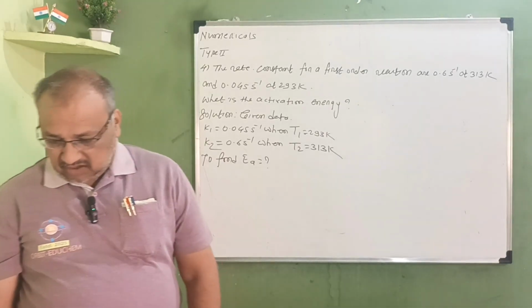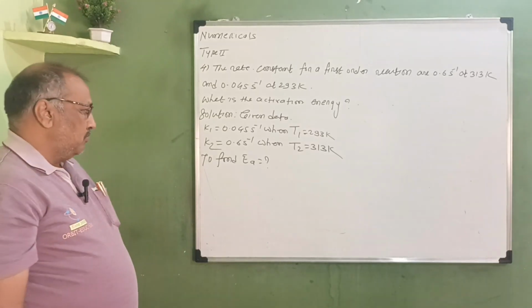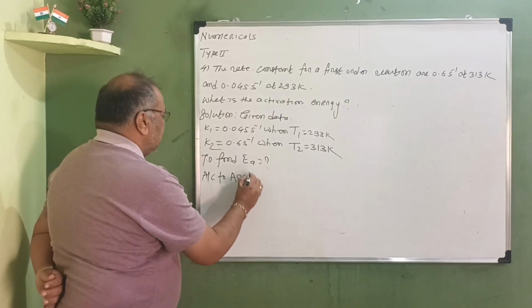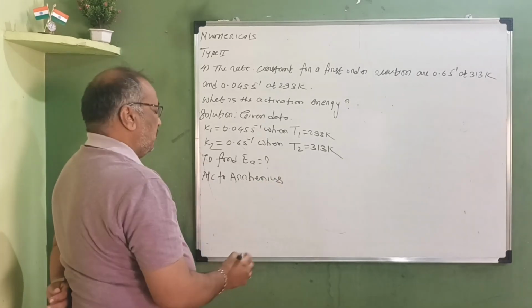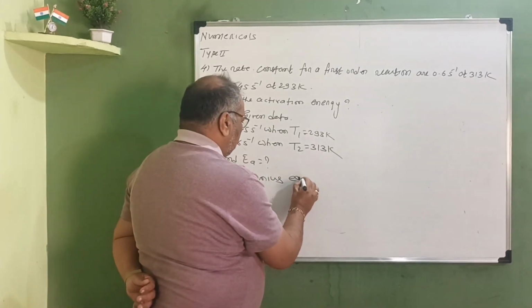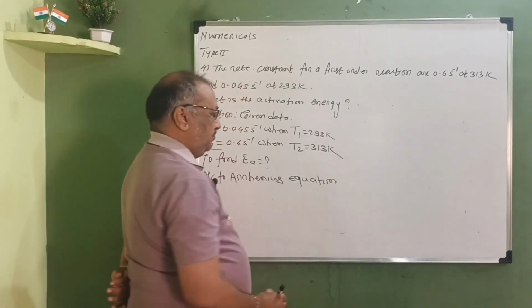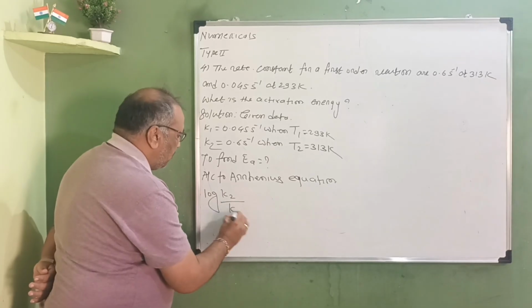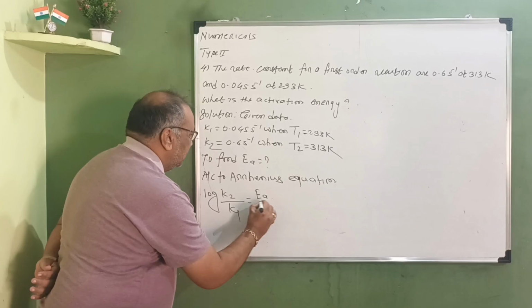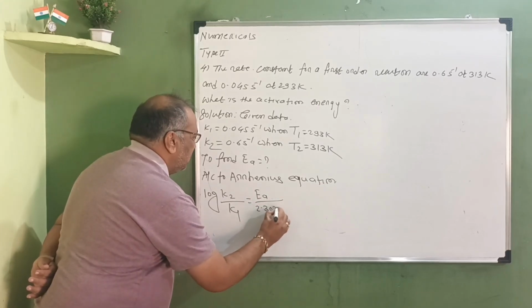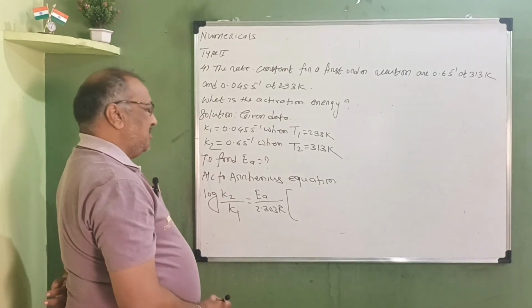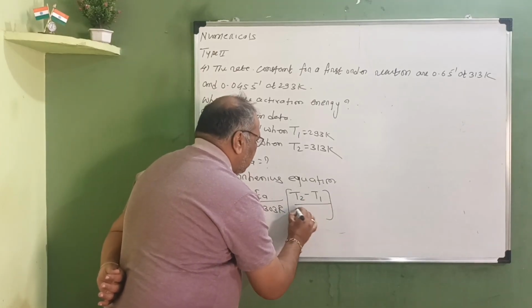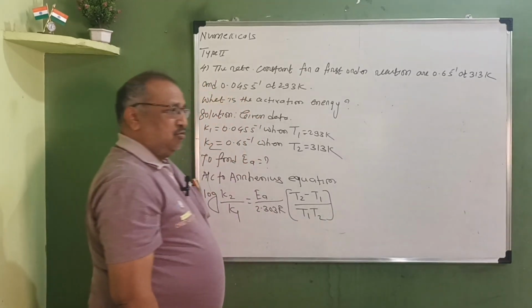Now here according to the Arrhenius equation, log of K2 upon K1 is equal to EA upon 2.303 R in bracket T2 minus T1 upon T1 into T2.